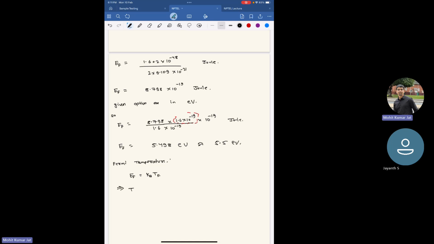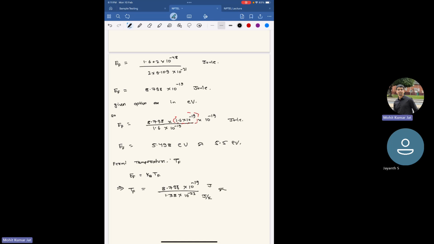This implies the Fermi temperature Tf is equal to EF divided by Kb. EF is nothing but 8.798 into 10 power minus 19, divided by Kb, the Boltzmann constant, which is 1.38 into 10 power minus 23. This is in joule and this is joule per Kelvin.